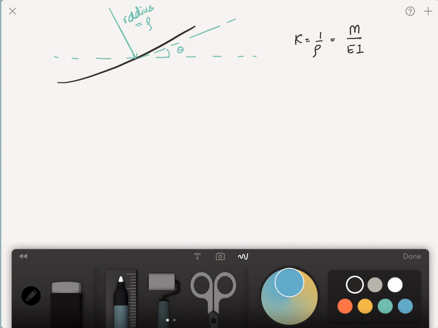Also we know that there is a certain vertical displacement of this point. The vertical displacement of this point is given as v of x, because it's going to vary along the length x of the beam.